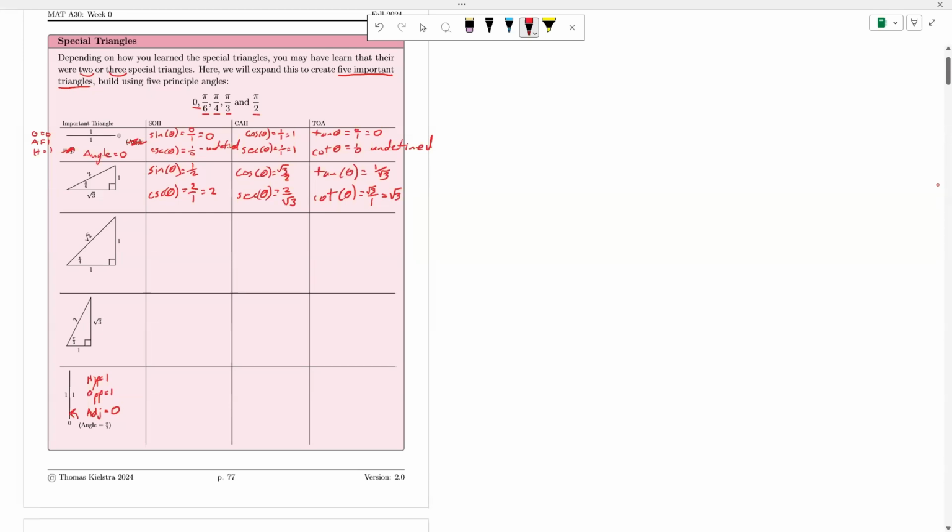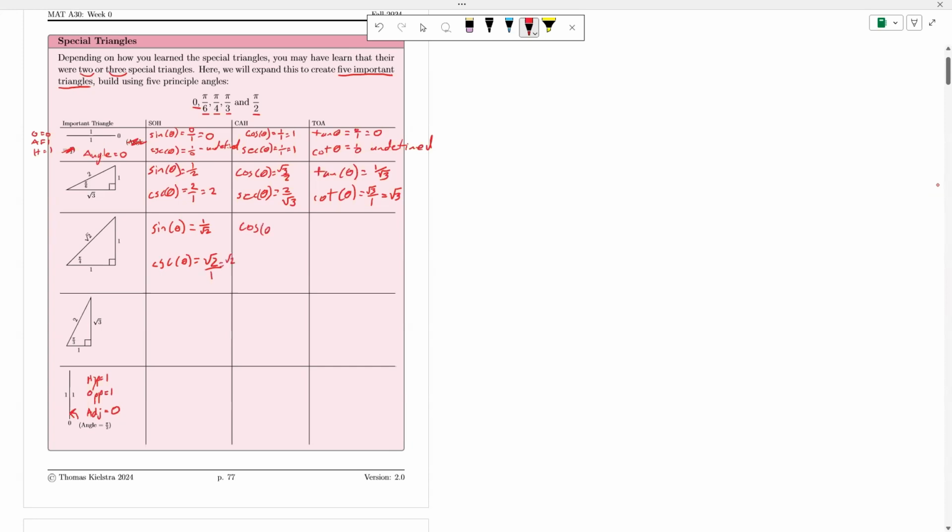Going to our pi by 4 special triangle, sine of theta equals opposite over hypotenuse, 1 over root 2. Our cosecant of theta equals root 2 over 1, which equals root 2.